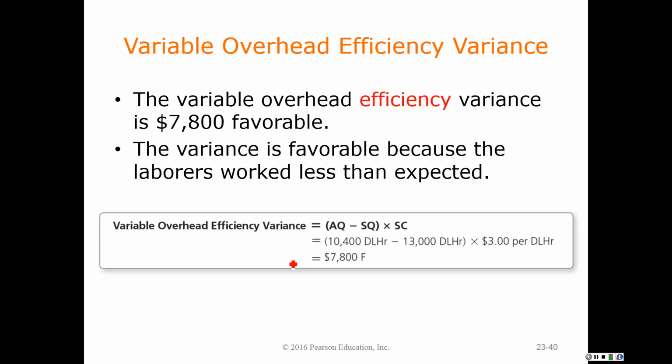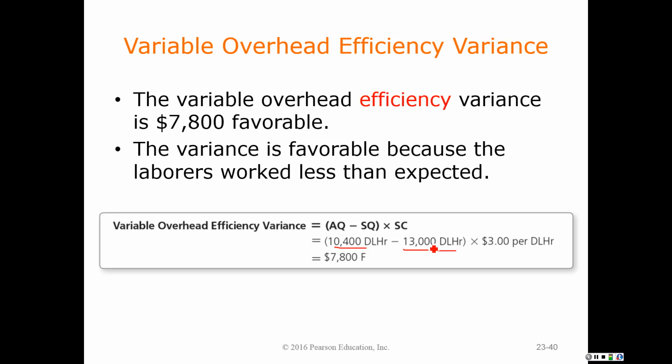What about efficiency? Remember that we actually worked 10,400 direct labor hours. That is what's driving overhead. That's why this is important. But remember, for the 52,000 batches of crayons that we actually manufactured, we estimated that they would take 13,000 direct labor hours. So I thought I was going to be using 13,000 hours.